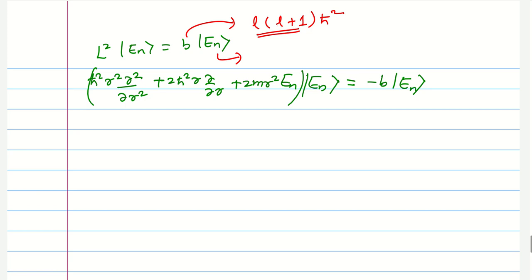So we have chosen this form. So from here what we can see is that the total angular momentum square, okay, this operator when acts on energy eigenket, what you get, L plus 1 h cross square.